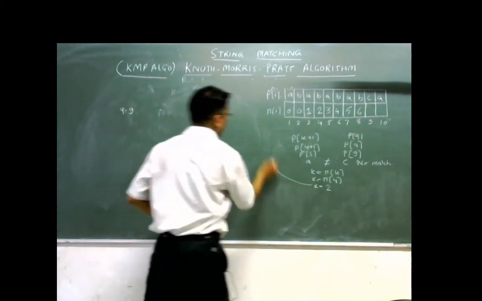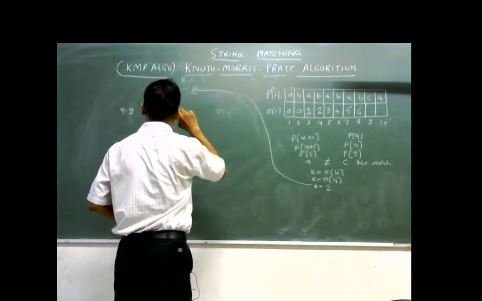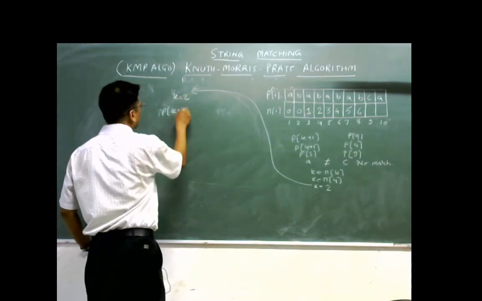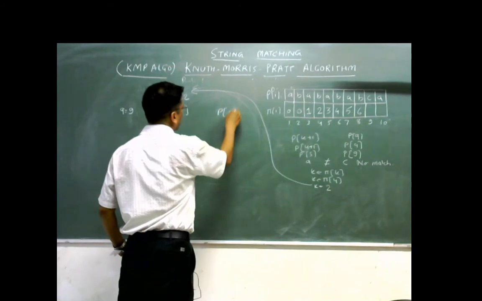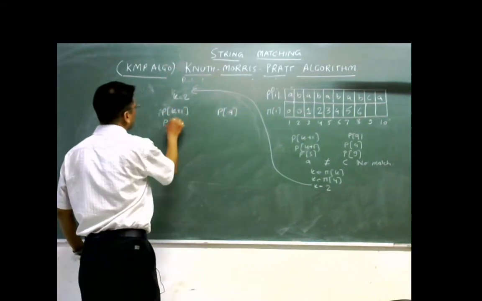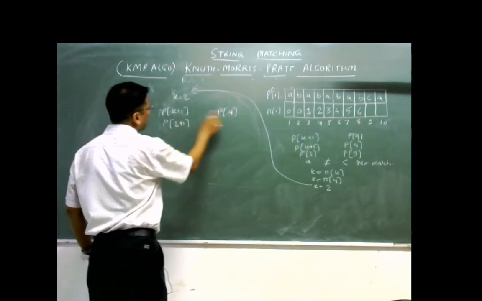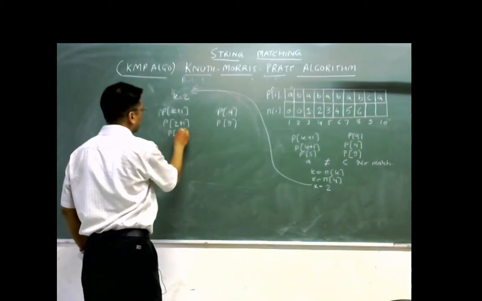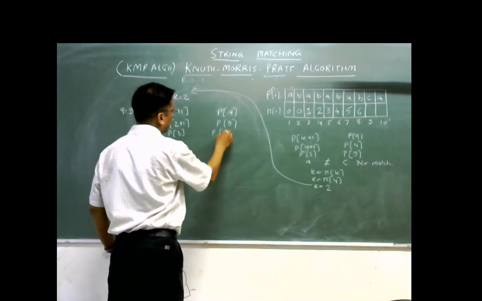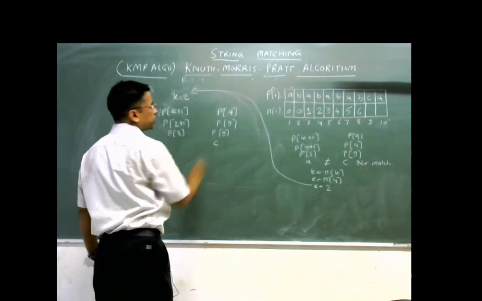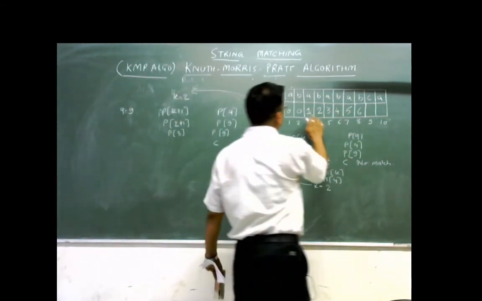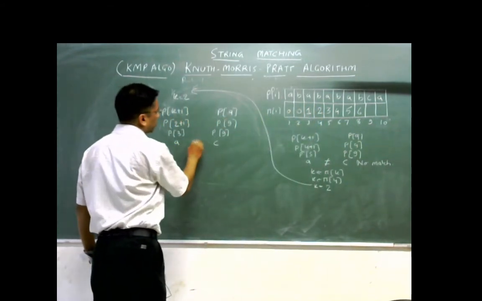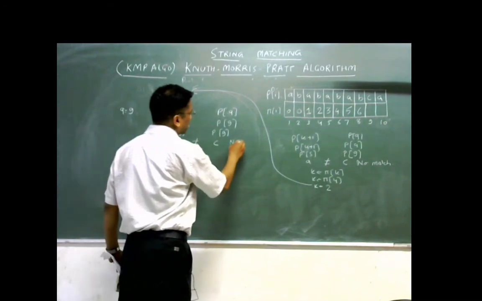For k equal to 2, k plus 1 is 3, and pq is p9, meaning p3 and p9. p9 is equal to c here, and p3 is equal to a, so again no match.